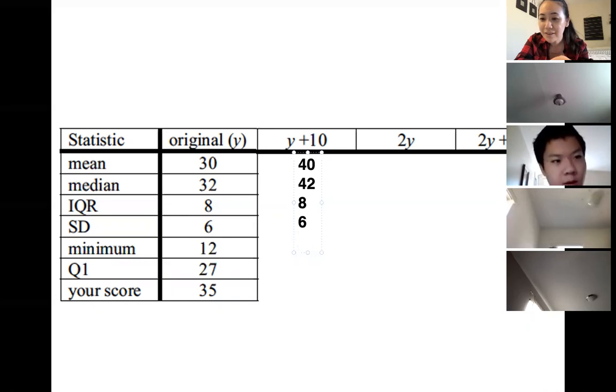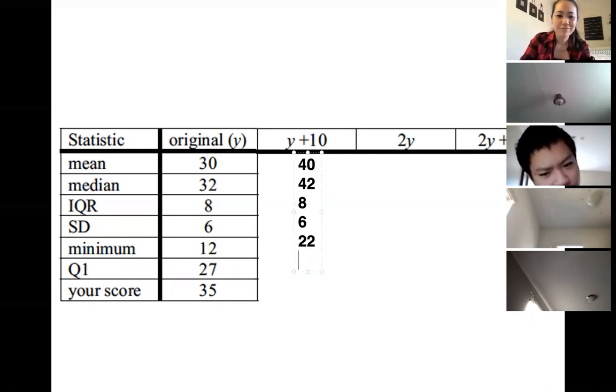Well, their original score was 12, but I'm giving everybody 10 extra credit points. So what's their new score? Like 22. Yeah, that's it, 22. Yep.